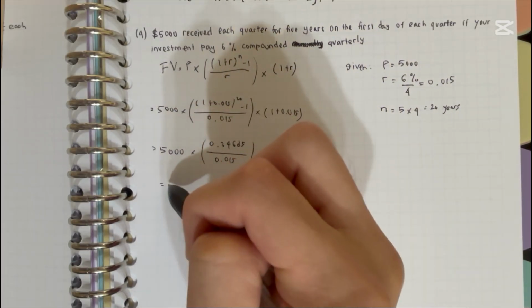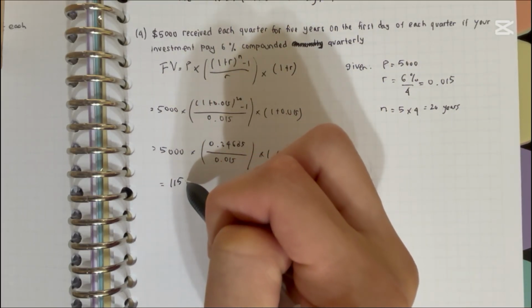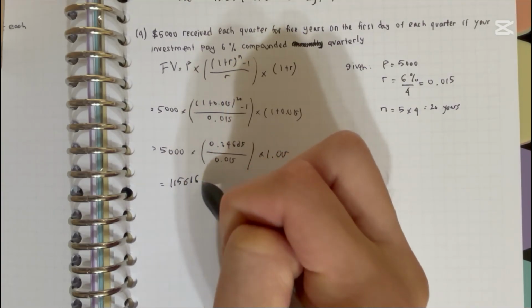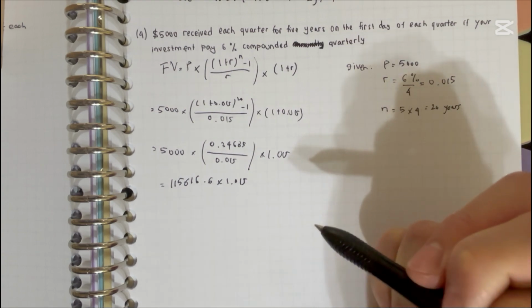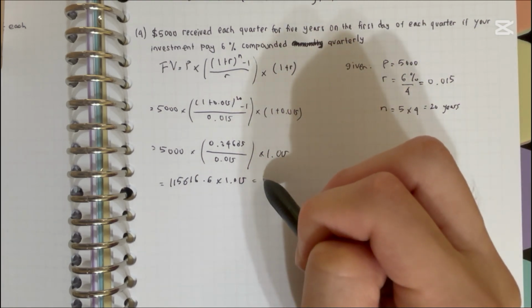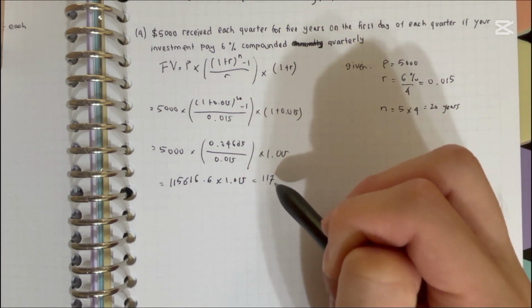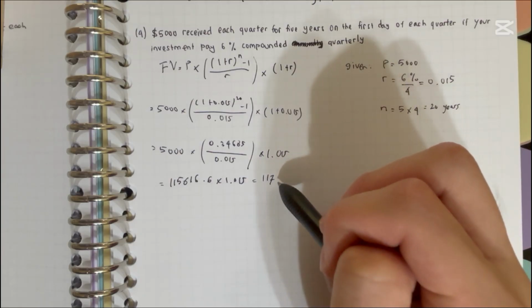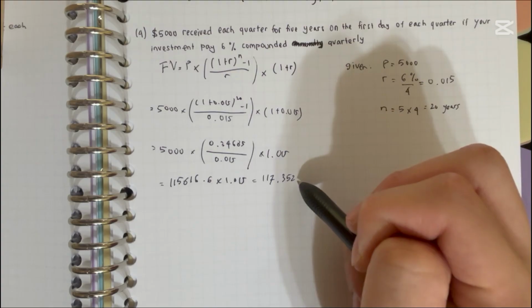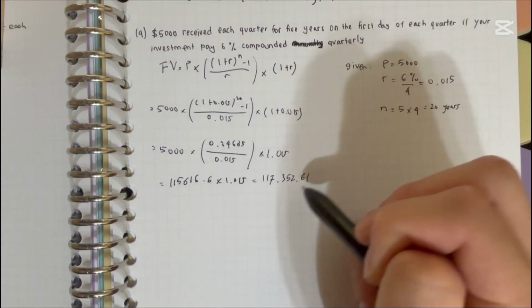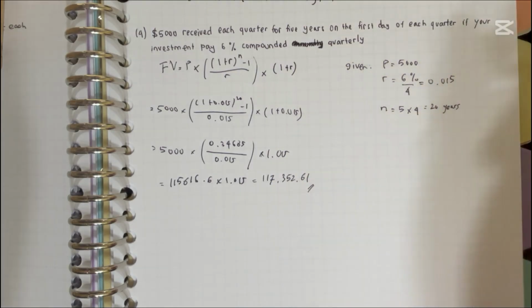For the final answer, we need to multiply this by 1.015, and get the answer of 117,352.61. This is our final answer.